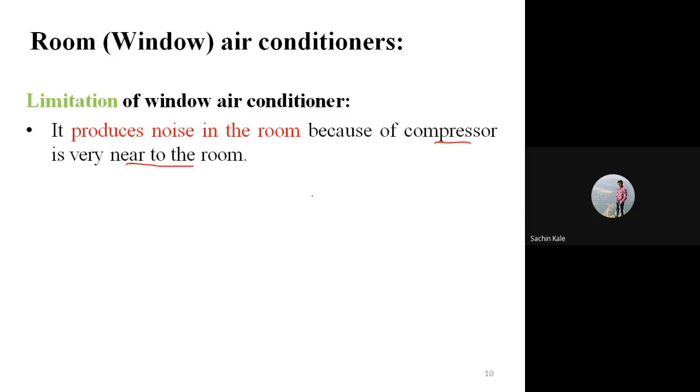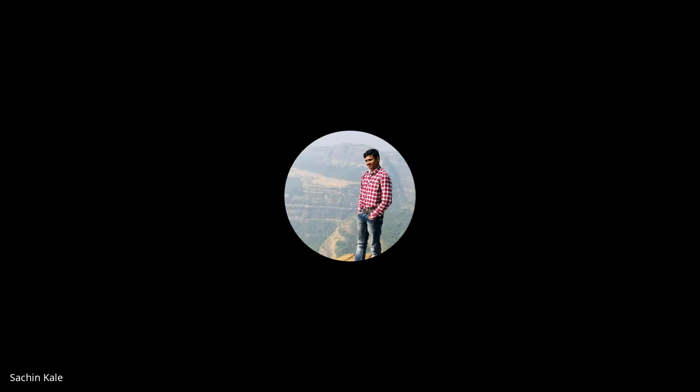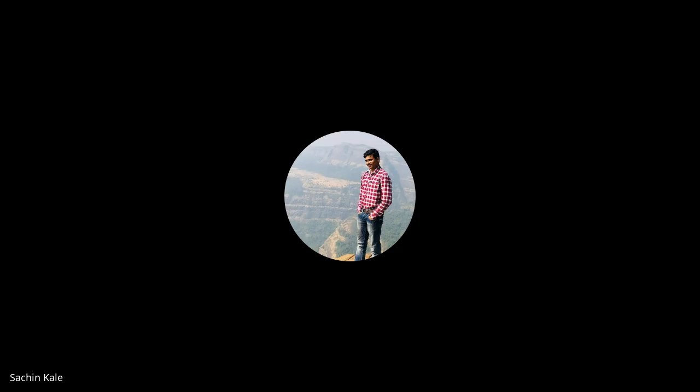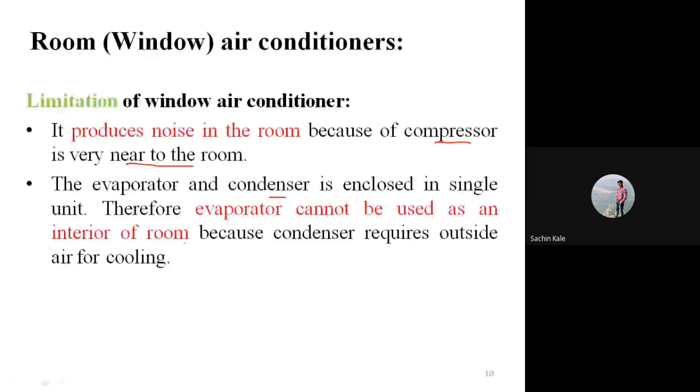The second limitation is nothing but, here we cannot use the evaporator separately and the condenser separately. Because the evaporator as well as the condenser are enclosed in a single unit, the evaporator cannot be used as an interior part of the room.